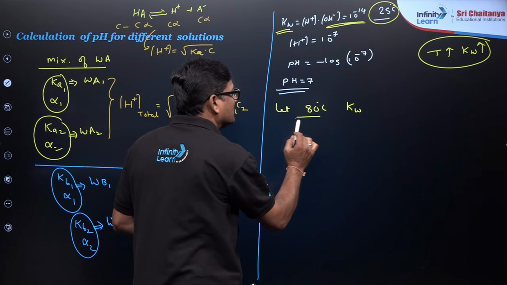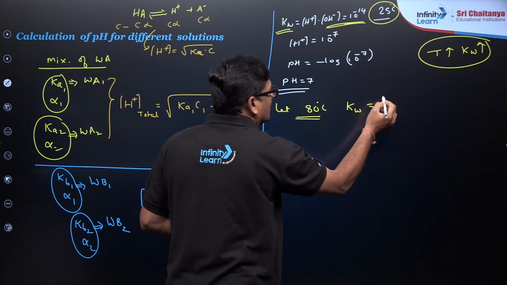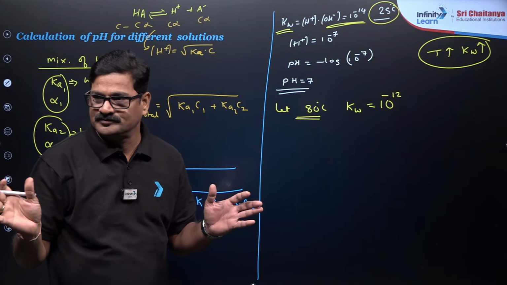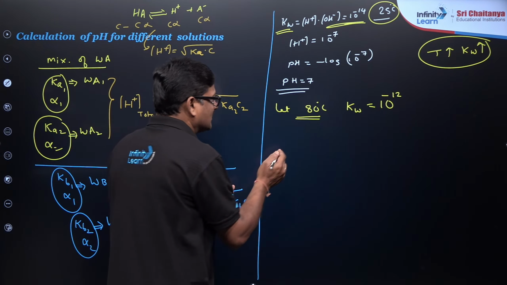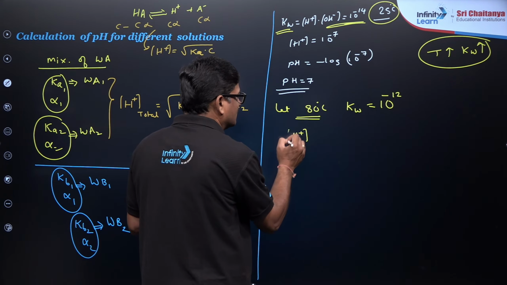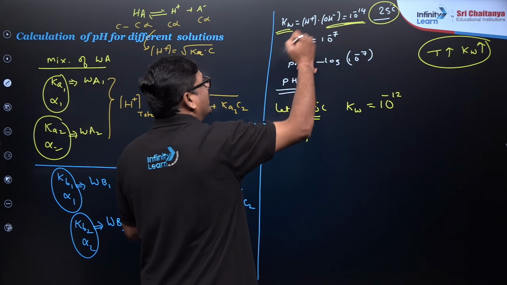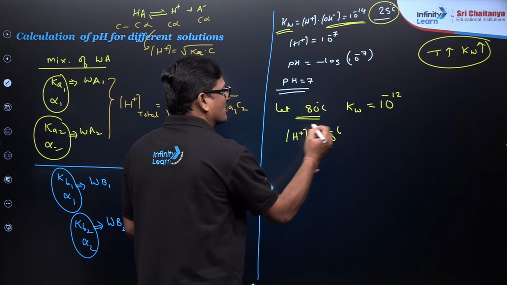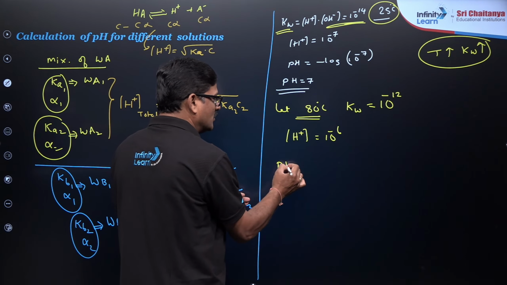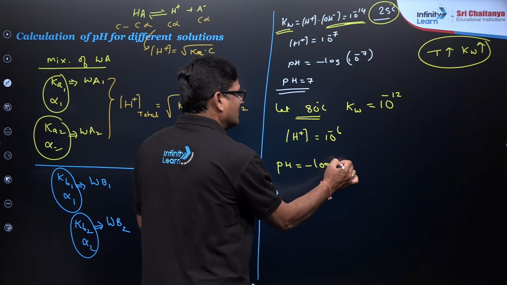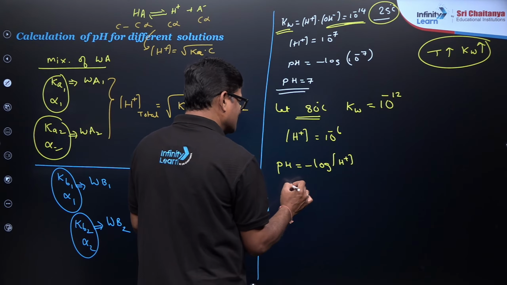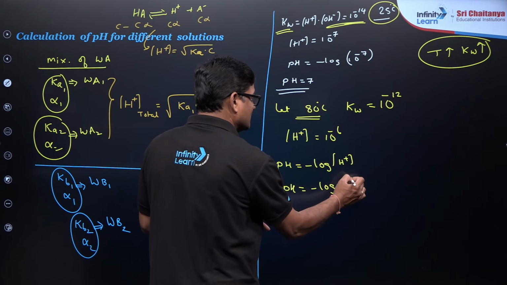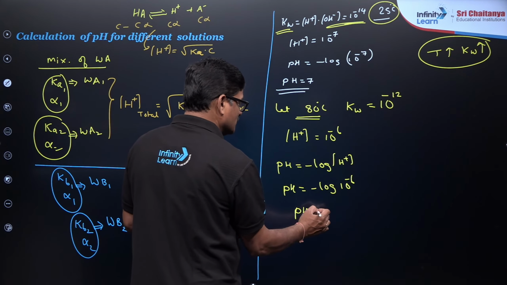Now I want to increase the temperature, so take a bigger value of Kw, say 10 power minus 12. So the H+ ion concentration will be 10 power minus 6. So pH is equal to negative log of the H+ ion concentration, negative log of 10 power minus 6. So pH is equal to 6.